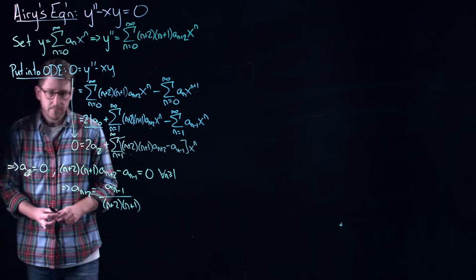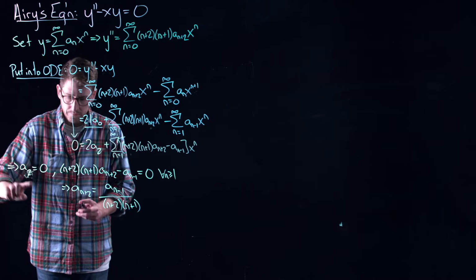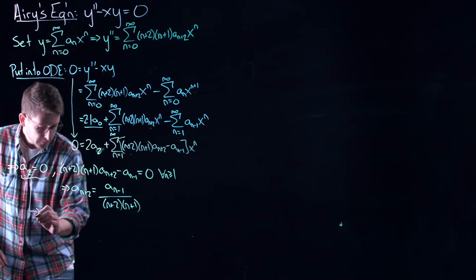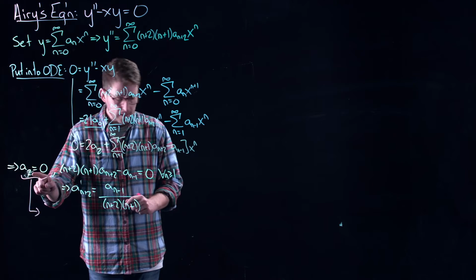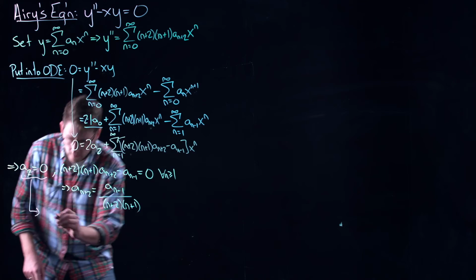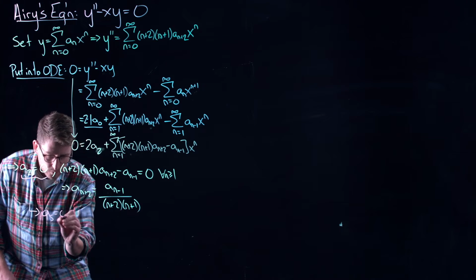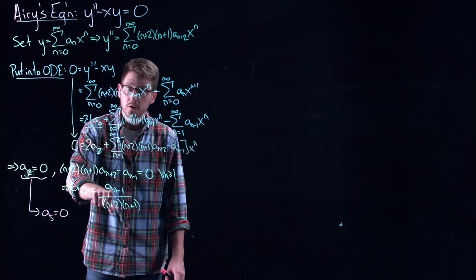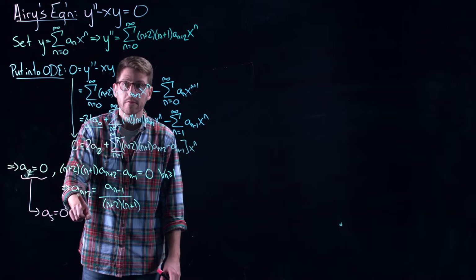In particular, if A2 is equal to 0, so this piece right here, then if I go 3 steps ahead of that, I get A5, which from this relationship is equal to 0 too, right? Because I get A2, which is 0, and then that gives A5 is equal to 0.